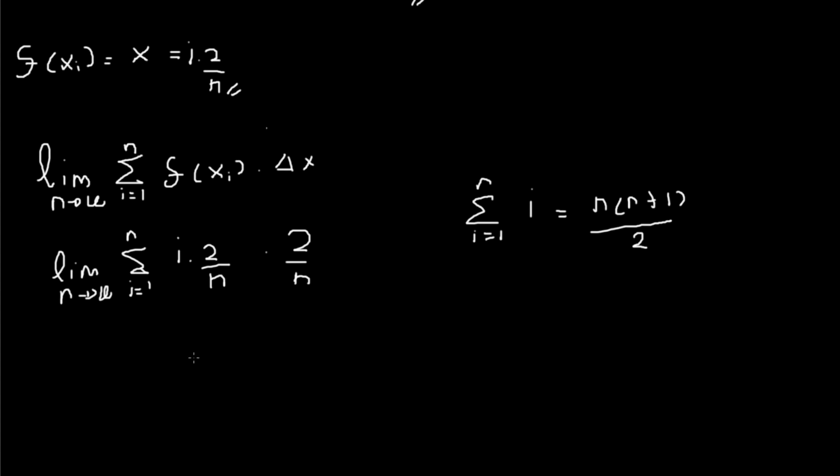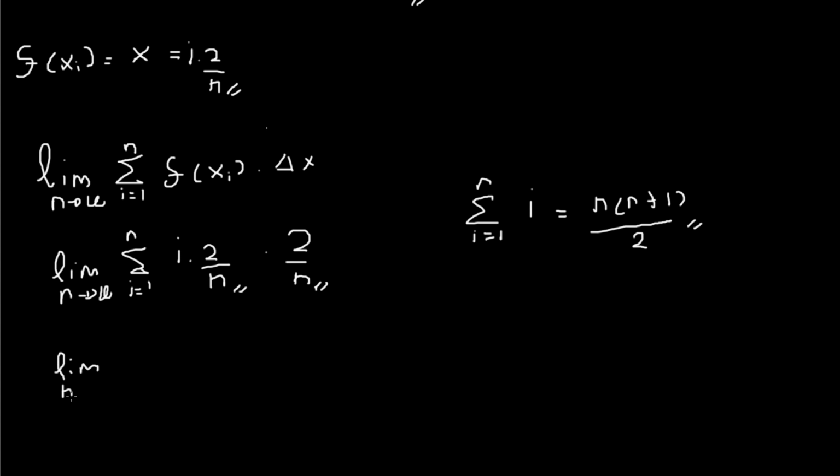So now we are going to replace the sigma i with this equation right here. But we are going to get these two numbers out first in order to isolate the sigma i. So now let's write that down.